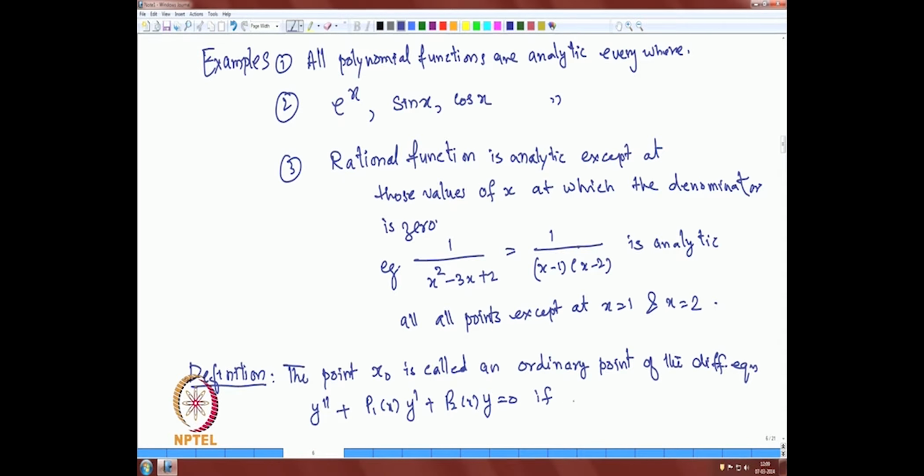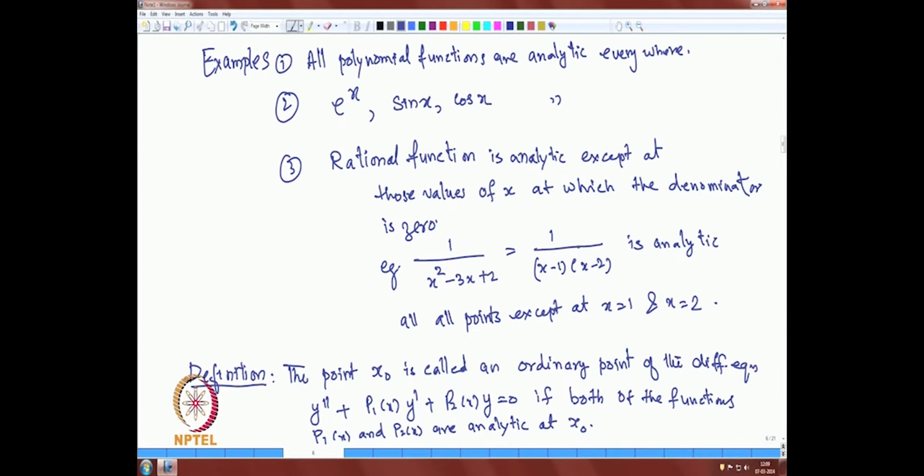If both of the functions p1(x) and p2(x) are analytic at x0.